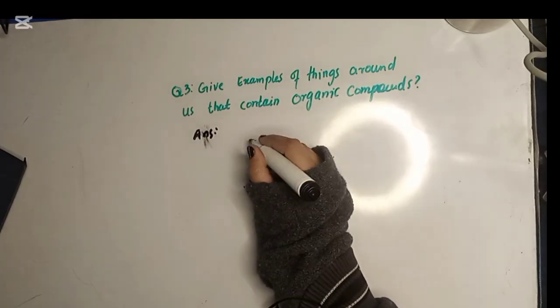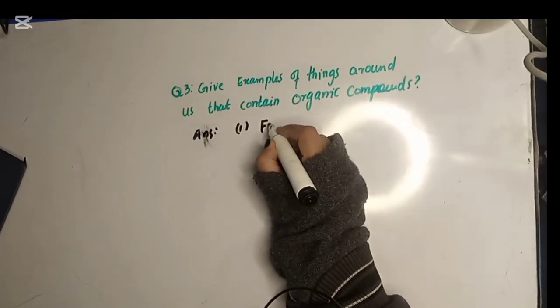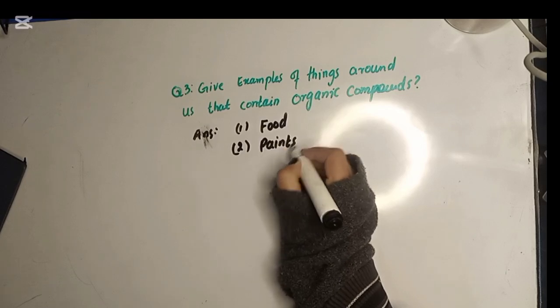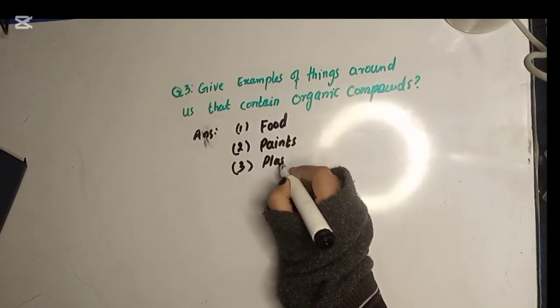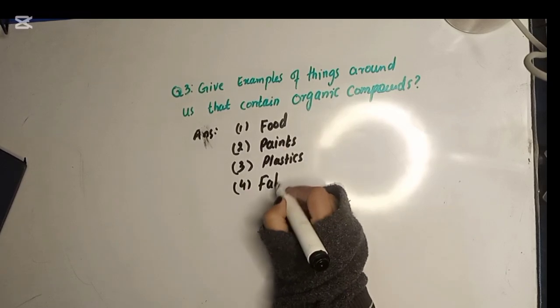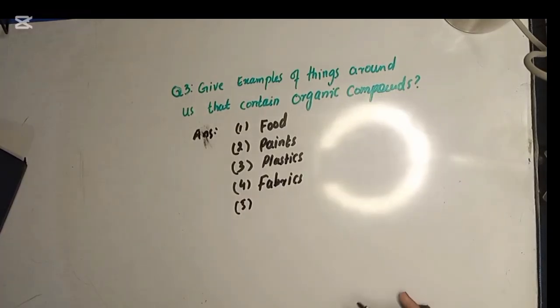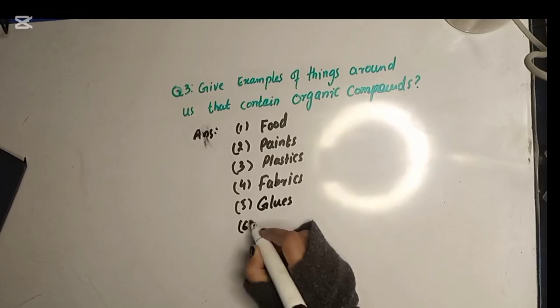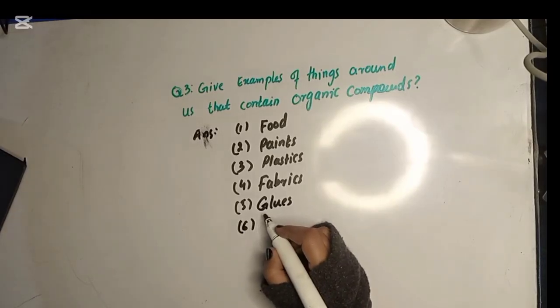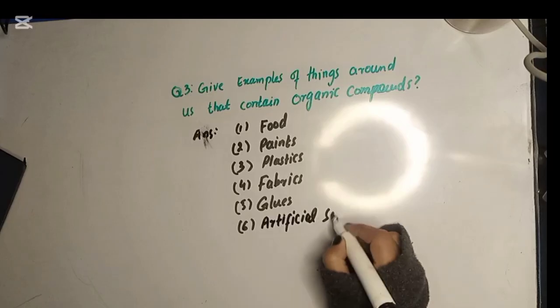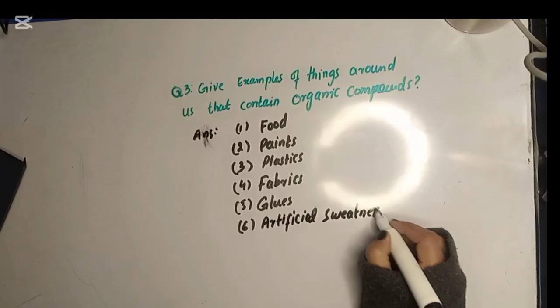Number one, our food. Number two, paints. Number three, plastics. Number four, fabrics. Number five, glues. Number six, artificial sweeteners.